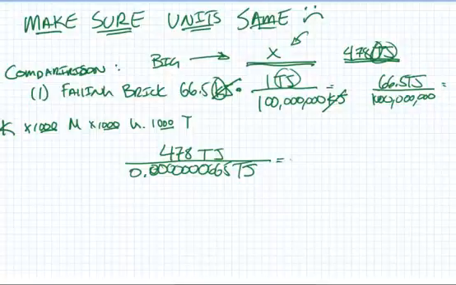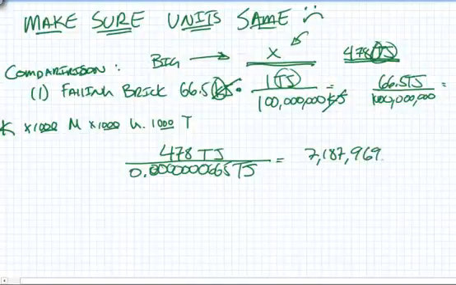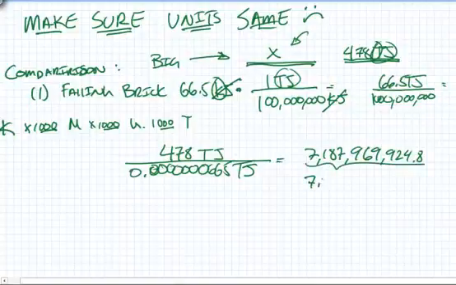That's going to be the equivalent of 7, and I'm just going to write numbers down until I figure out what it is, 7,2 something. That's just ridiculousness. So that's approximately 7 trillion. Let's see if we can round this. So let's say 7.2 trillion brick drops.